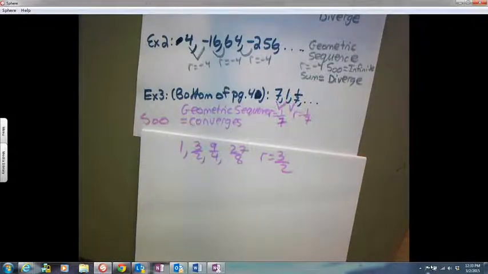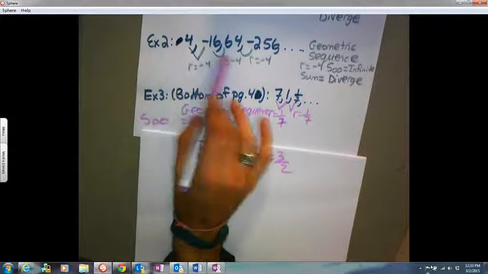But what can we say? How can we determine if a sequence will converge or diverge? You're right, like we can do that and we'll find out, but how do we know beforehand about a geometric sequence? Because they're all the same, they have the same sign. But these don't have the same sign and they diverge. Right.